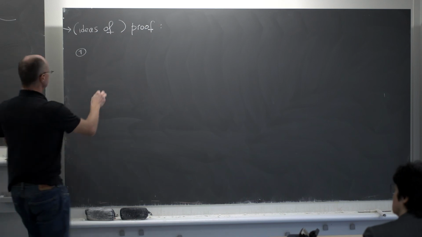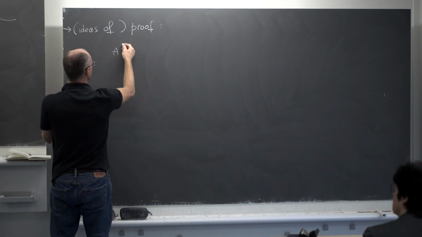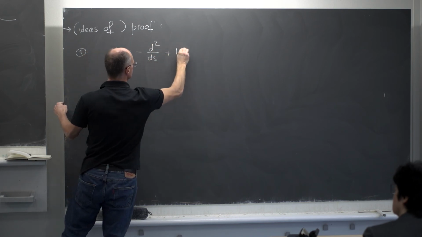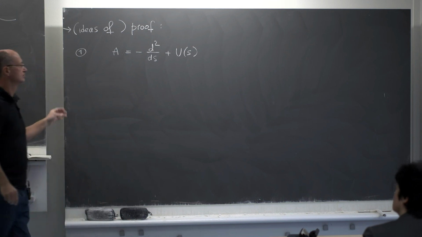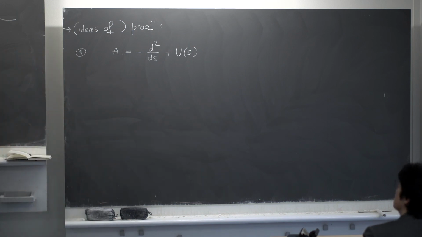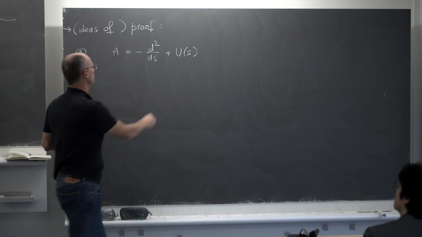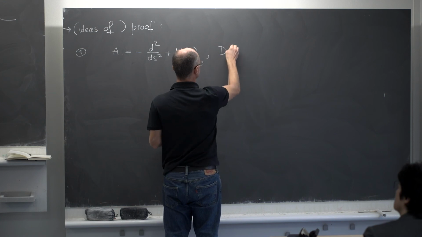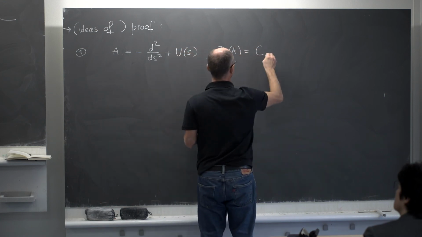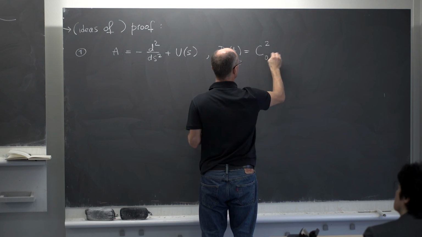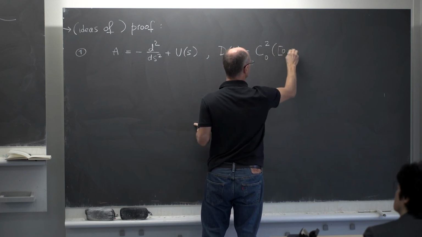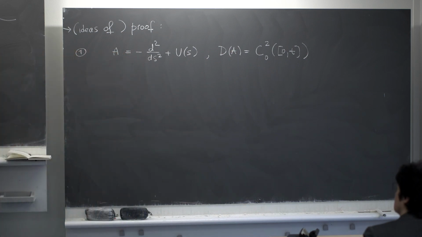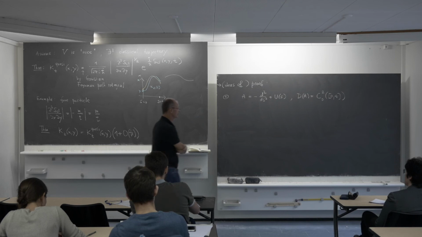So we consider an operator A which is the standard Schrödinger type operator, minus d2 over ds squared plus u of s. It acts on the domain that we now like. So we have a segment from 0 to t, C2 functions with Dirichlet boundary conditions.